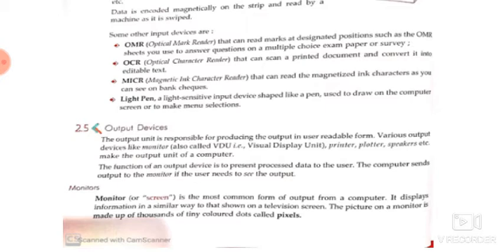In a monitor we can see our result or our output. The picture on a monitor is made up of thousands of tiny color dots called pixels. If you have read about the technology working behind the television, you can understand easily that the picture we see on a computer system or on a television is made up of thousands of pixels.